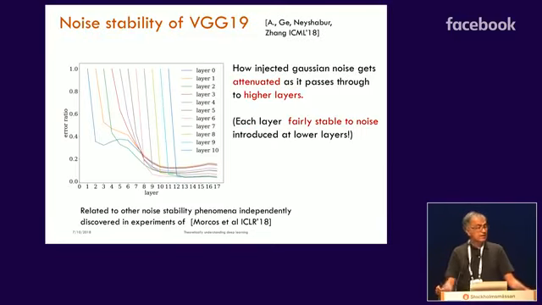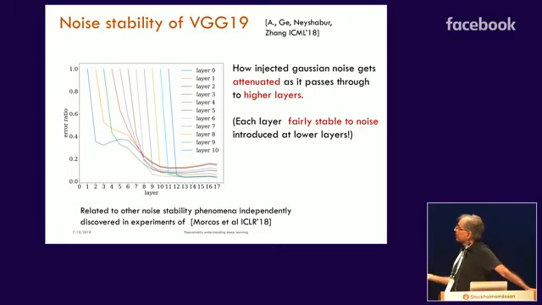So here's the plot. What this plot is showing is, one is the norm of the Gaussian noise you injected. This plot is for noise injected at the 0th layer, namely the input, then the first layer, second layer, etc. What you see is that at the higher layers, the injected noise gets attenuated very much.